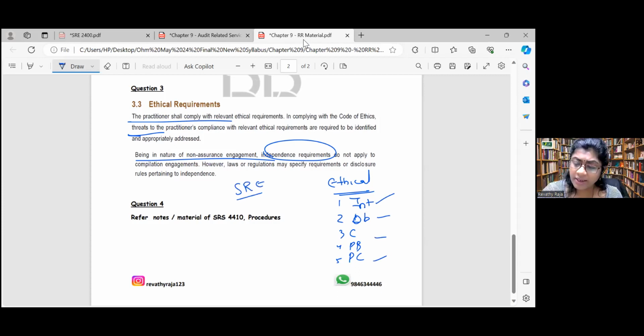But in SRE, do you need to follow independence also? Yes. In SAE, of course, yes. Why? Because in SRE and SAE you are giving some kind of assurance. Here, no assurance. Did you understand that concept? Ethics should be followed. Independence is not a mandatory condition.